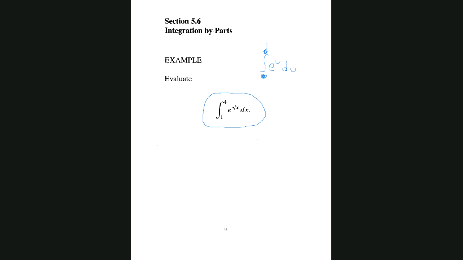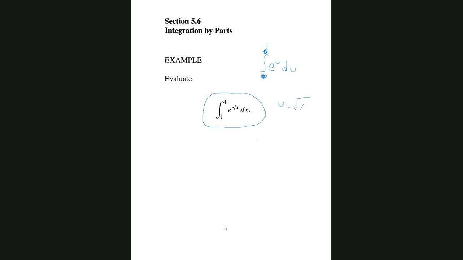So we're going to make a substitution first. Before we do anything, we're going to make a substitution. Not Nell, do you have a question? You're good? Oh, okay. So we're going to do a substitution, and we're going to let u equal the square root of x.